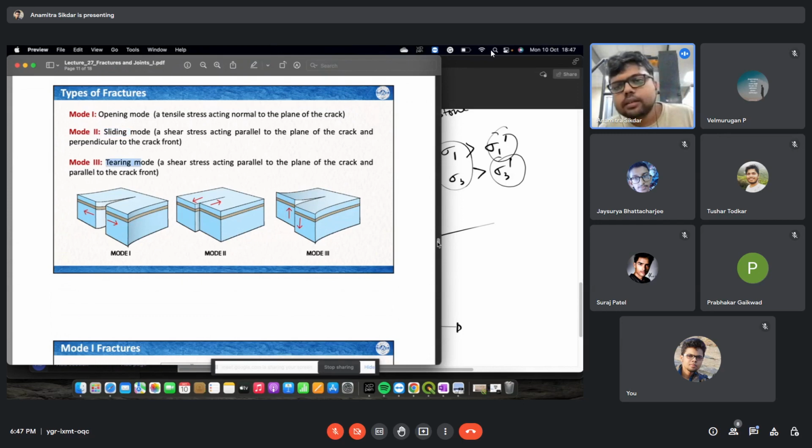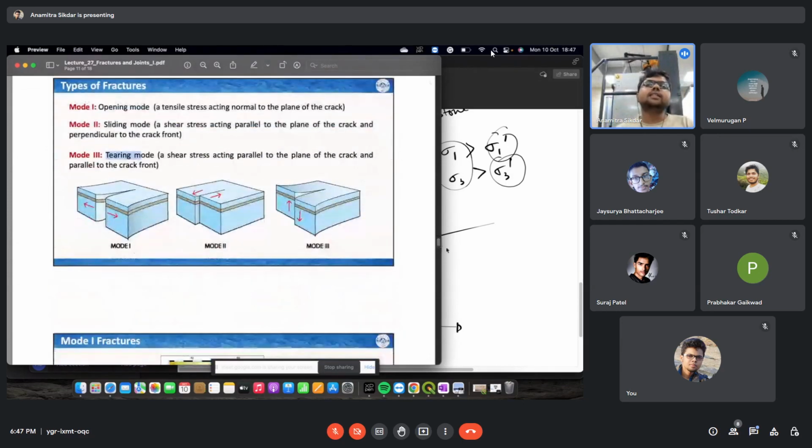So fractures, at the tip they are mostly produced by mode 1 cracks, right? So initially they just form a little bit of opening, and after that when they propagate, they can propagate in mode 2 or mode 3.